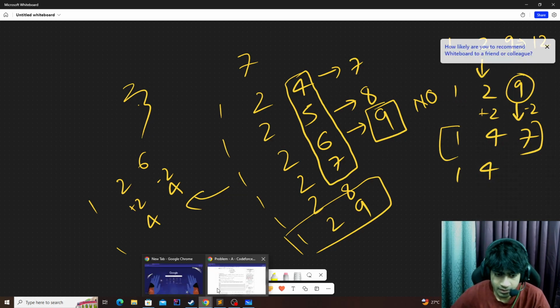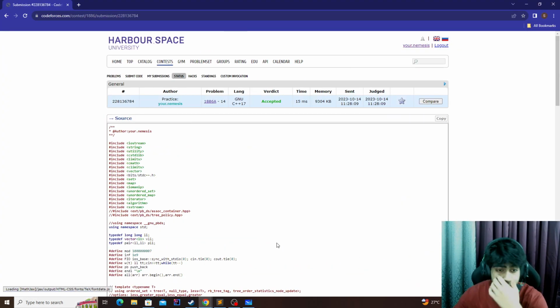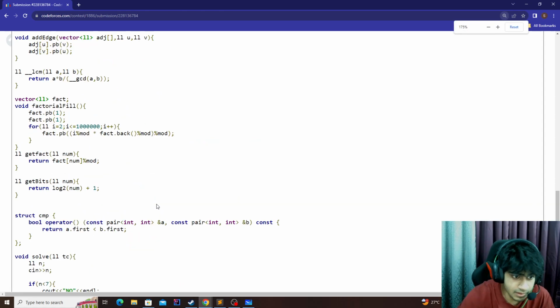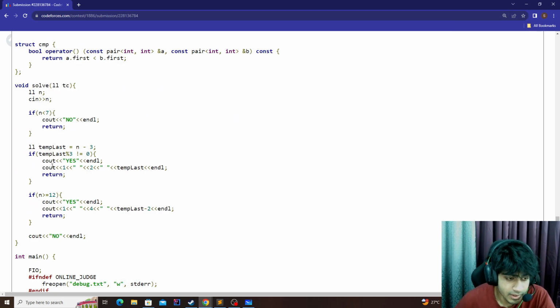If we look at the code for this, it is simple. If n is less than 7, you simply print no. I found the last number, the third column I was talking about. If it is not divisible by 3, you simply print 1, 2, and the last number.